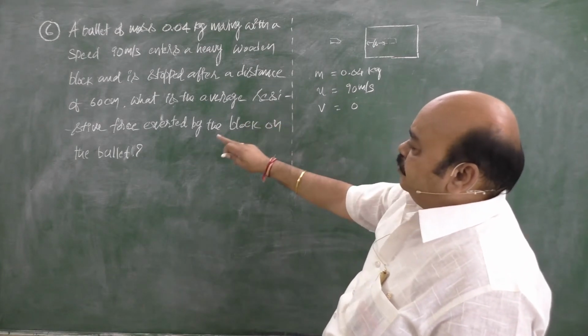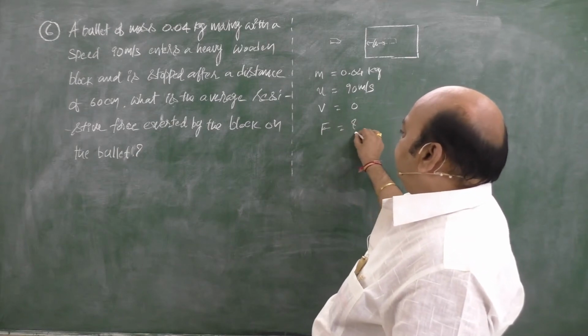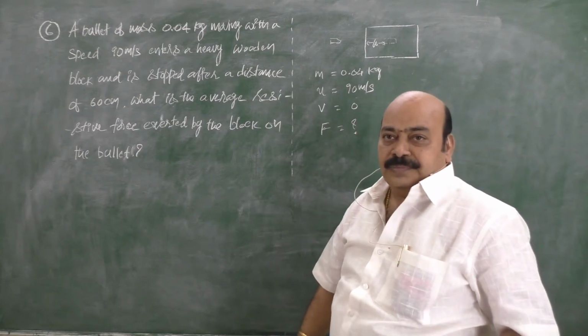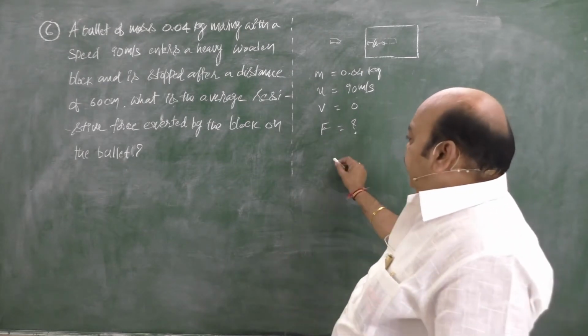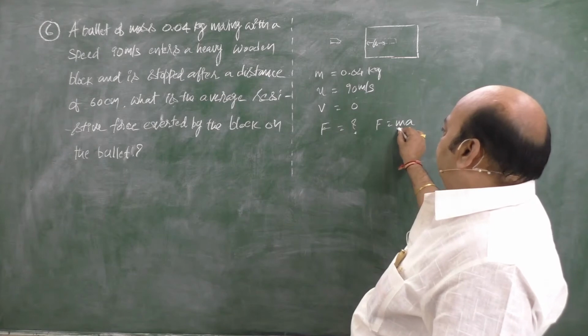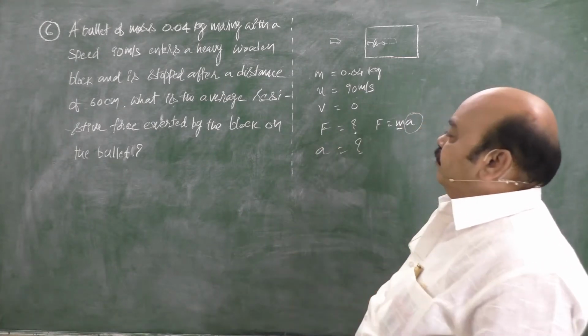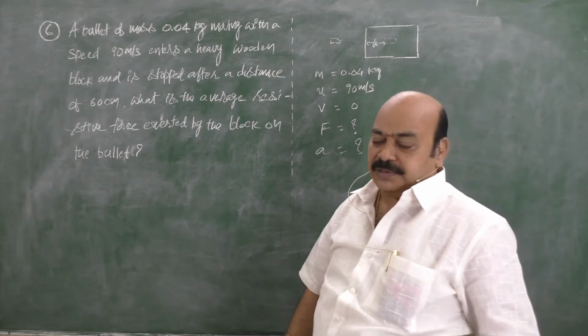What is the average force exerted? So we have to calculate the value of force now. Clear? We have F is equal to mA. Since we have the mass already, we have to calculate the acceleration. So indirectly, what is the acceleration of this system?